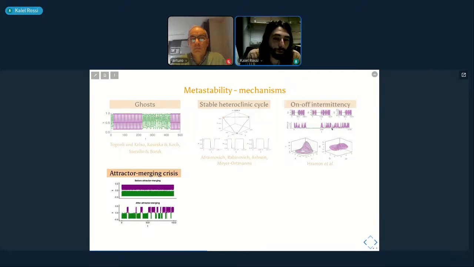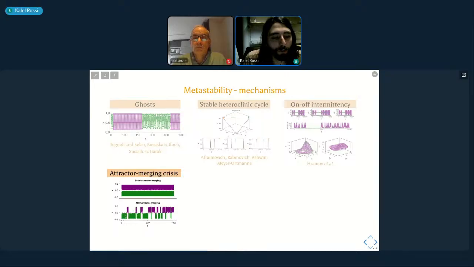There are many other examples which we mentioned in the paper. For instance, an attractor merging crisis, where before the crisis you have two chaotic attractors, but after the crisis, the attractors merge together. They form a single sort of unified chaotic attractor.